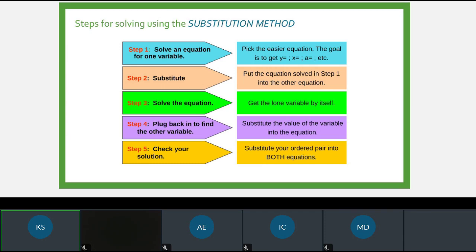I'm going to pause for a second to give you time to write these or take a picture, and then I'm going to go over them. I know that sometimes steps are hard to understand when you don't have a problem to actually work with, so I just want you to focus on writing these down or taking a picture. I'll give you about 1 minute.